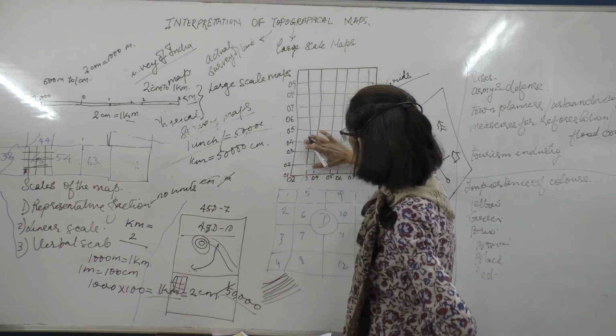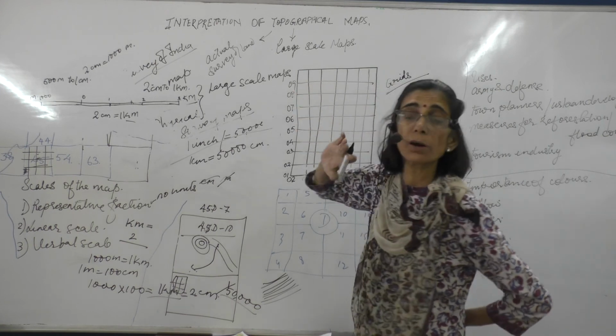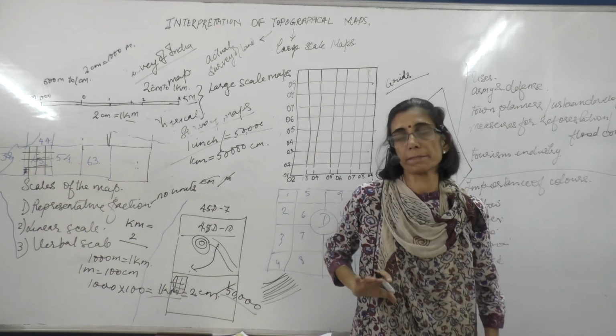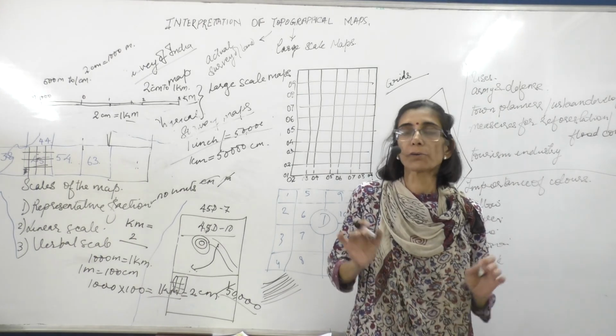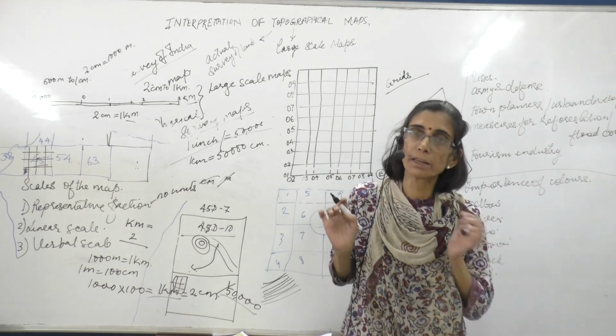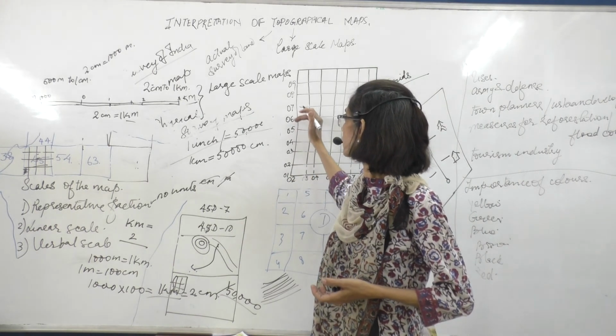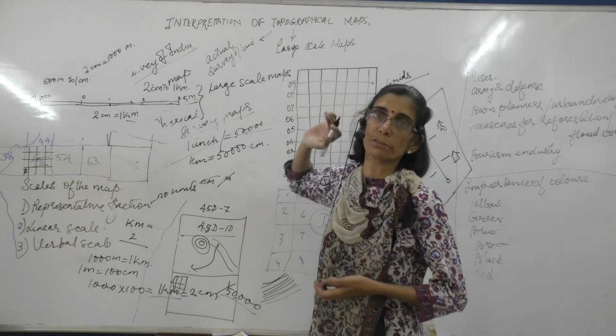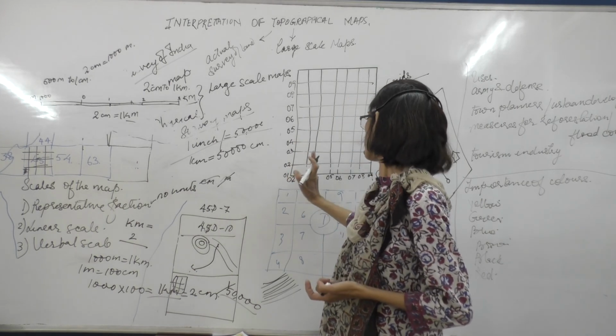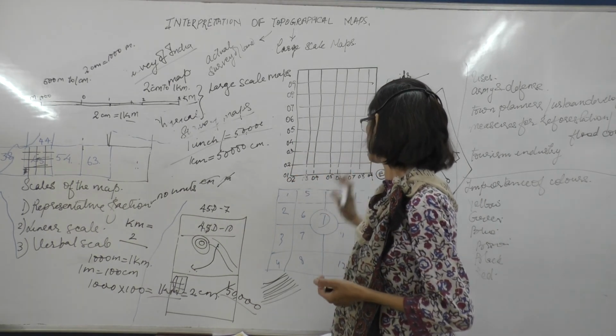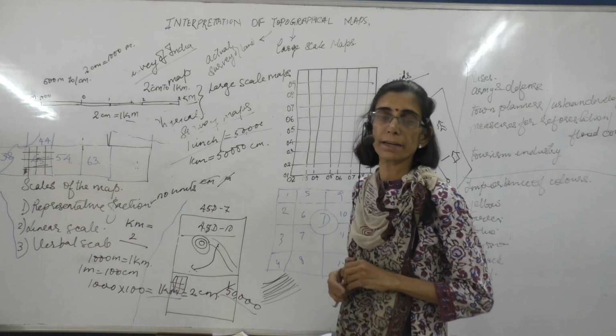This number is increasing towards the north, called northings. Now you'll have to be very careful. Northing and easting. The number is increasing towards the north. The number is increasing towards the east. Easting and northing.